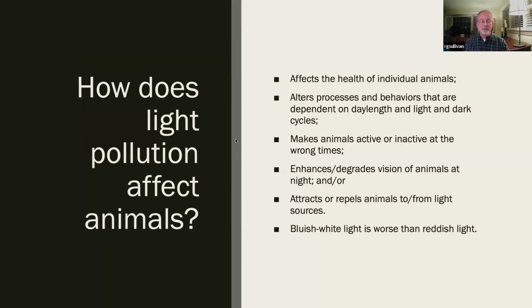Other animals will fly away from lit areas, whether it is because they don't see well, or that is a physiological response to move to a dark area, or they can't be in that area because it would make them prey.